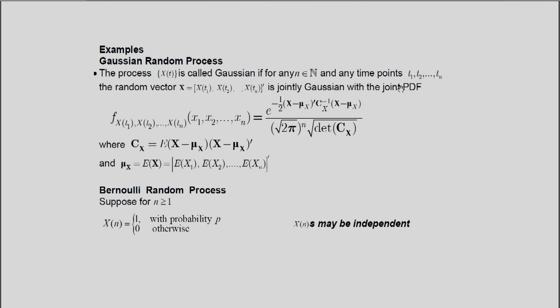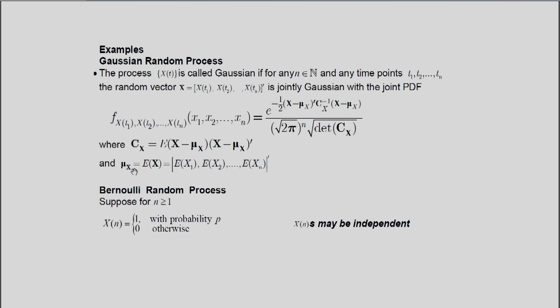With the joint PDF now given by, this is the joint PDF, that is equal to e to the power minus half of x minus mu x transpose Cx inverse x minus mu x divided by root over 2 pi to the power n into root over determinant of Cx. Let us define the terms.